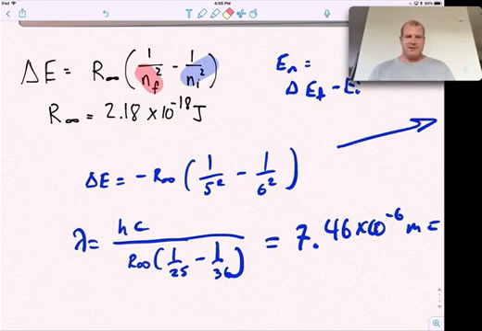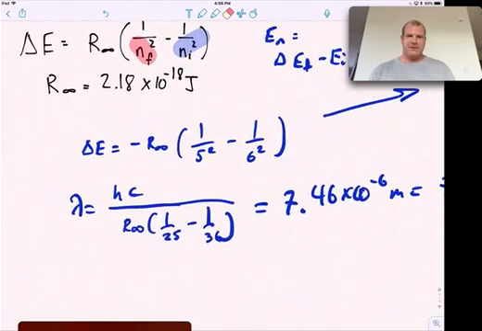And also, the big number, so 36, so 1 over 6 squared. Having a big number in the bottom will give you a smaller number. So 1 over 25 is bigger than 1 over 36 because the bigger number in the bottom means a smaller number. What's smaller, 1 over 10 or 1 over a million? 1 over a million is smaller, right?